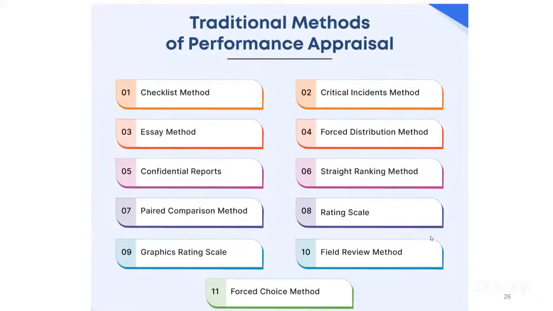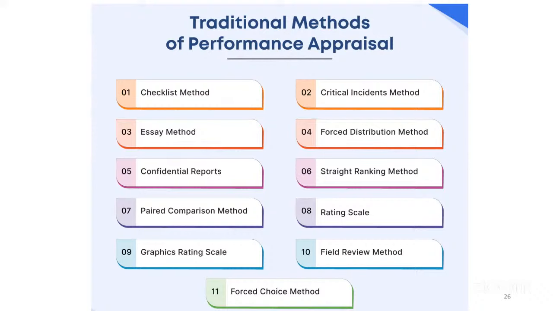So traditional methods will be in a form of traditional way like checklist, ASI method, confidentiality reports, peer compare method, graphics rating scale, critical incident method, forced distribution method, straight ranking method, rating scales, field review method, and at the end we have forced choice method.